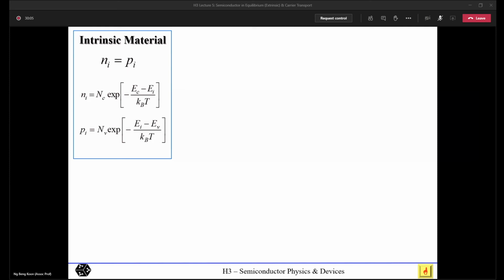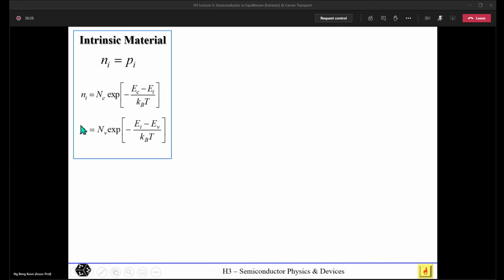If you apply the expressions that we have derived to the pure semiconductor, we can write another set of equations for the intrinsic semiconductor material, where we replace N0 with N_i and E_F with E_i. So E_i here refers to the intrinsic Fermi level of the semiconductor.